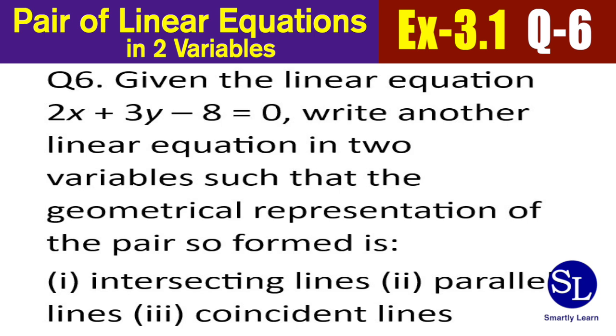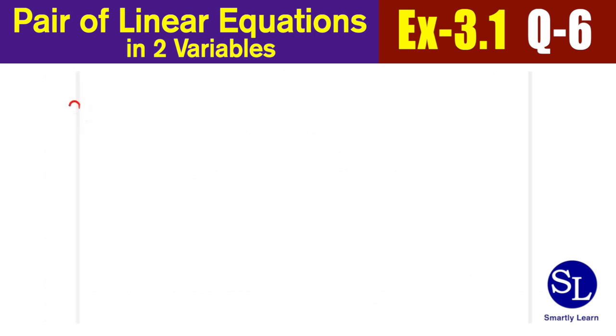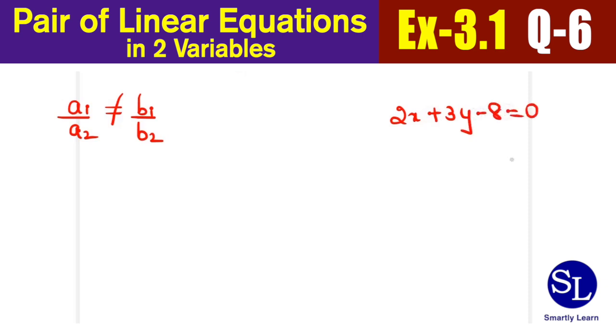So the two lines are geometrically said to be intersecting if A1 by A2 is not equal to B1 by B2. So let's first note down the equation. 2x plus 3y minus 8 is equal to 0.